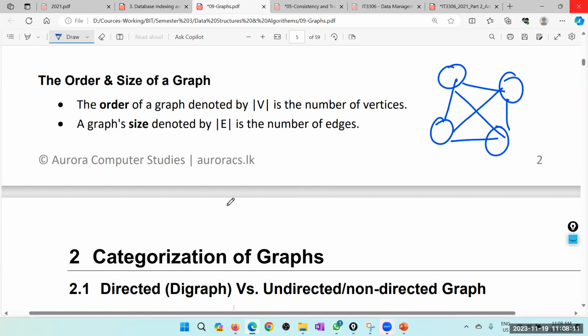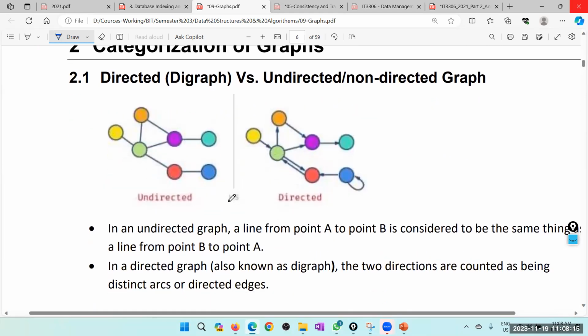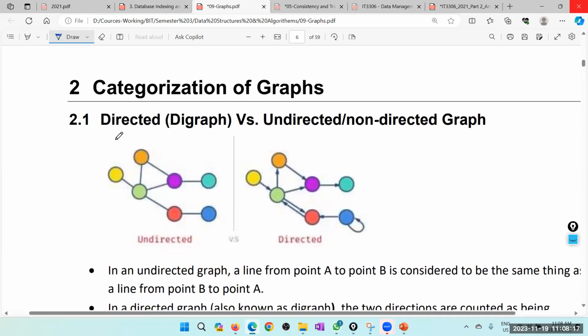Okay. Right. So now we look at the categorization of graphs. So there are two types of graphs, that is directed graph and undirected or non-directed graph. Okay. So directed graph, we have the direction in the node edges. Okay, the direction is there, but in undirected graph, there are no directions.